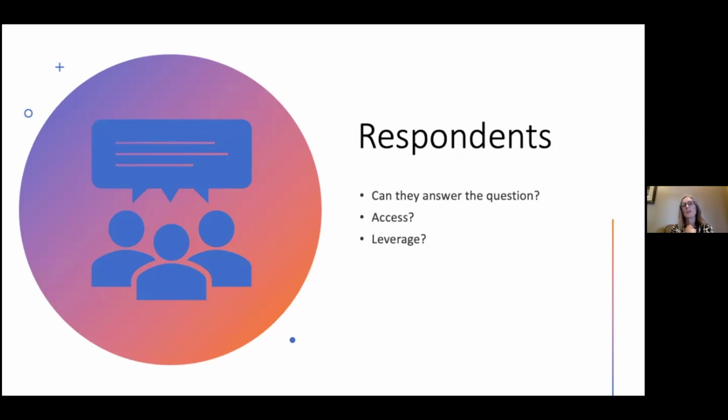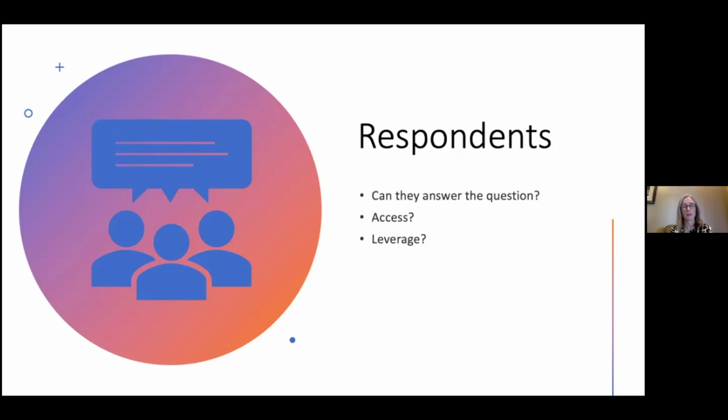And then another thing to think about is, do you have leverage? And I think Margaret talked about this, buy-in and engagement. If I have a resident, and we want to survey the residents for something, and I have a resident that will get up and actually use their social capital with their colleagues and peers to say, we really want you to answer this survey, that's a whole lot better than me doing it.